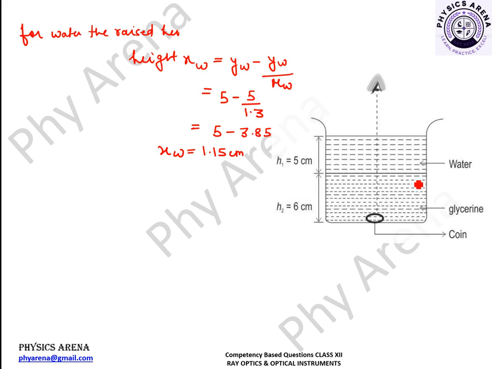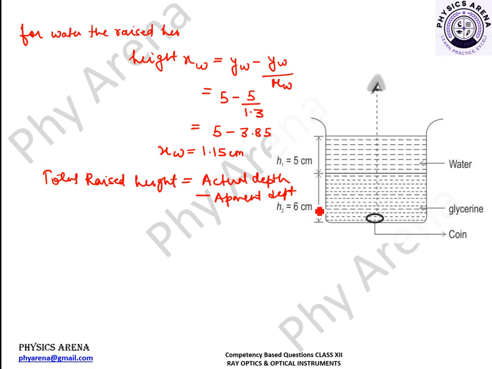Now, we have another medium, that is glycerine. And it will also cause the coin to rise. But total raised height is equal to actual depth minus apparent depth.